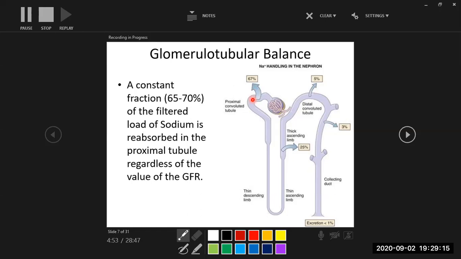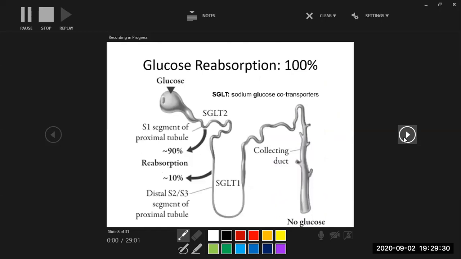So this is basically a way to describe the cellular feature of sodium reabsorption, about 2/3, which is very different from another feature, that is the glucose reabsorption. Because glucose reabsorption is not about percentage, it's about threshold.